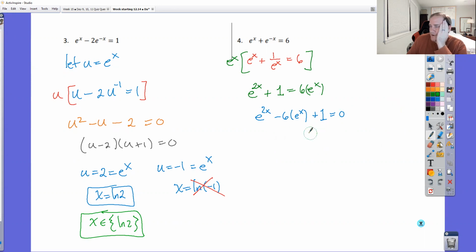So we would have to use quadratic formula, and that means we are essentially just solving a u substituted equation. We would think of this as a u squared minus 6u plus 1. So that, of course, gives me a u that equals negative b, so positive 6 plus or minus 36.